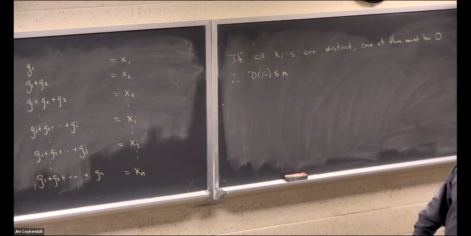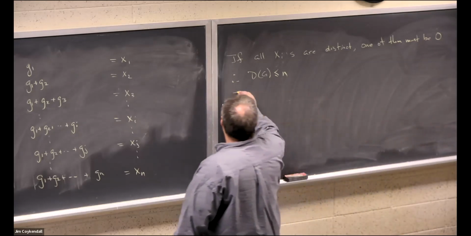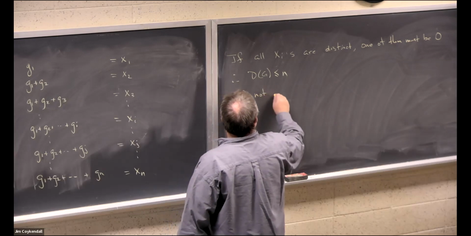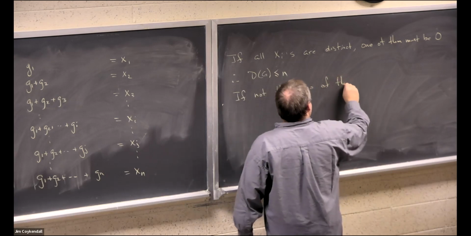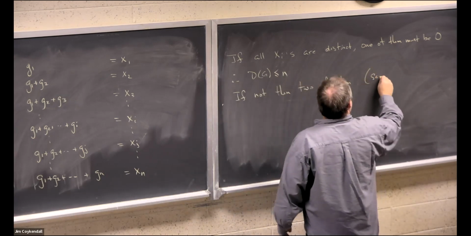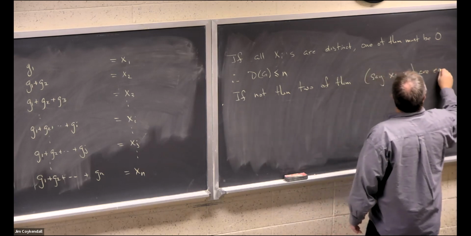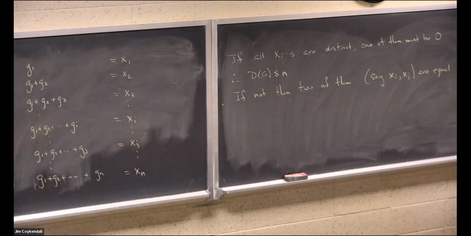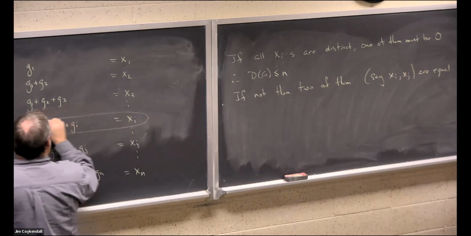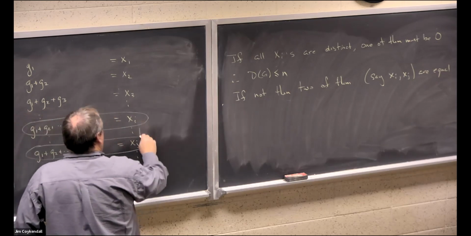Therefore, on the other hand, suppose not. Then two of them, say xi and xj, are equal. So if there's some repetition, you get fewer than the whole group, then two of them must be equal. Say xi equals xj.